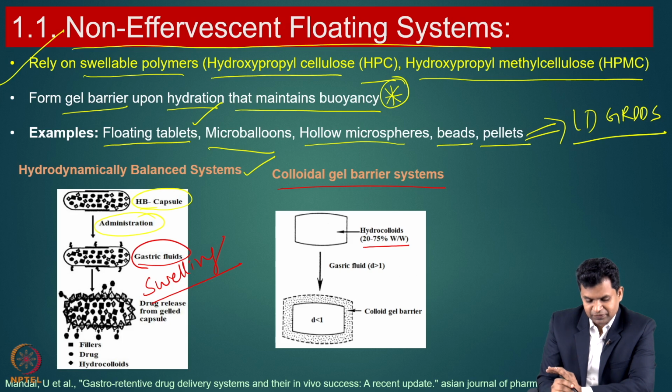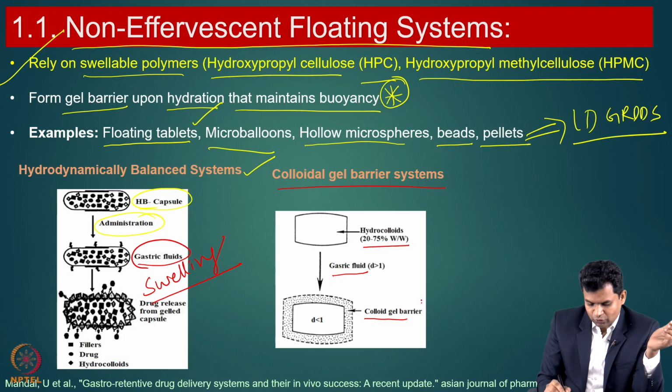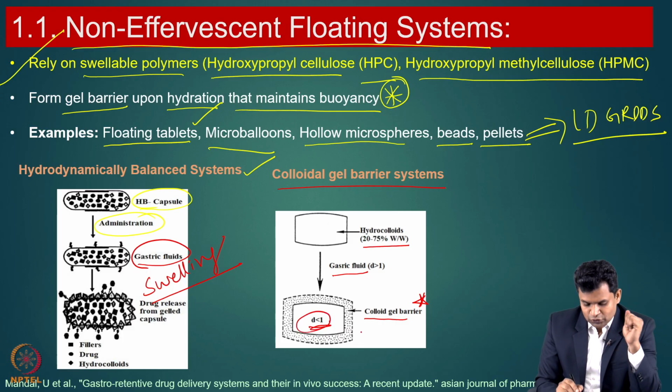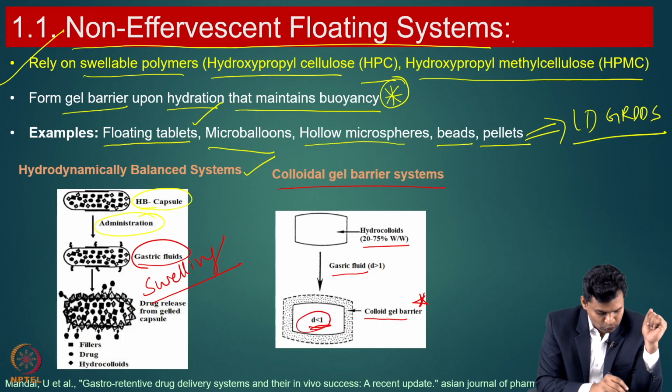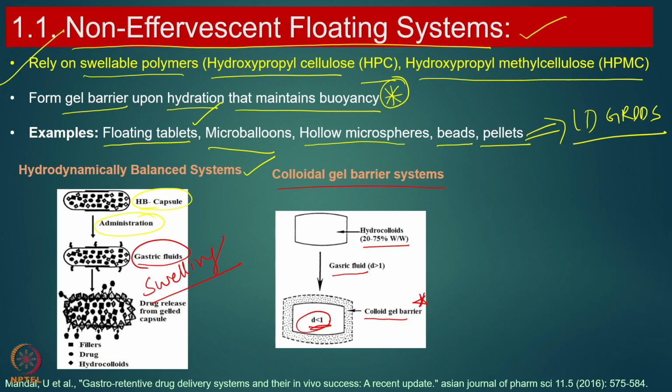After administration, it will interact with the gastric fluid, and you can see in the outer layer your polymer will swell, forming the colloidal gel barrier, which after taking up the GIT fluid, the density is less than the gastric fluid. So, with this it will also help to convert into the non-effervescent floating systems. So, with this we can also make various types of the low density floating systems.